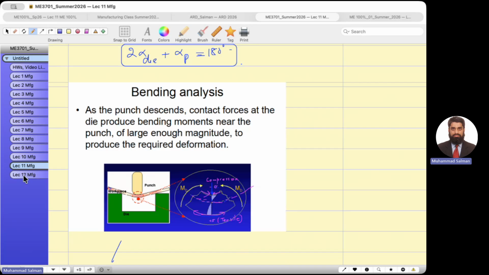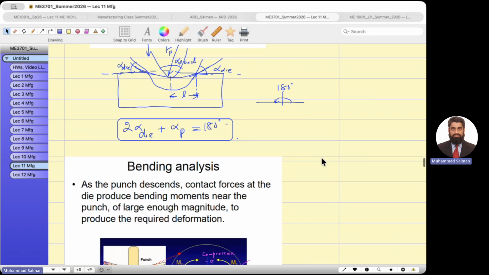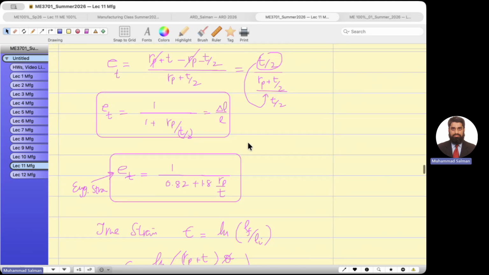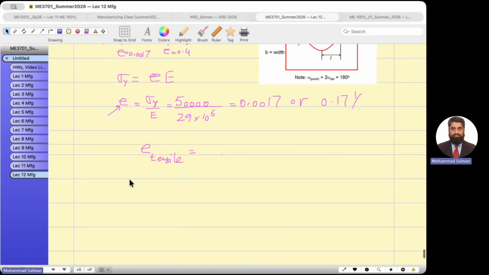You see my point? So how do you find out this E tensile stress? There is a formula here which you can use. So let's grab this formula.